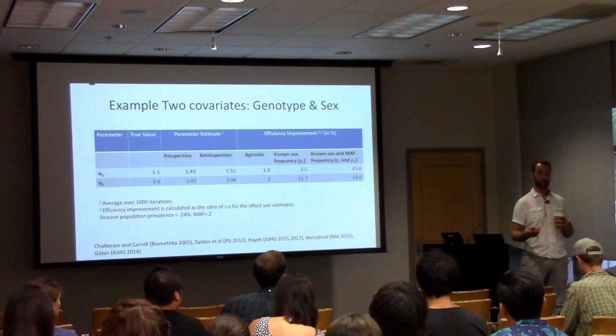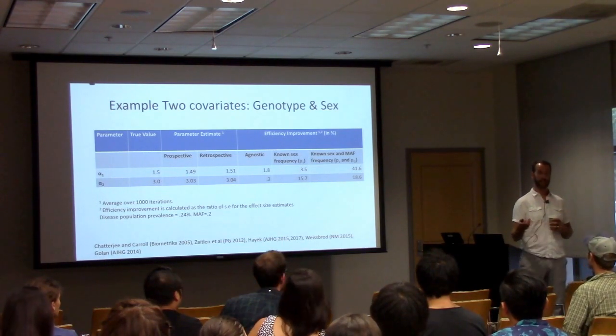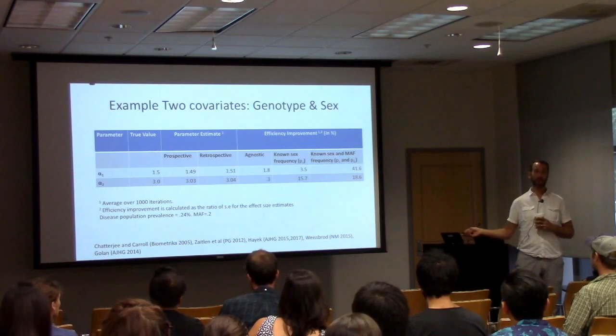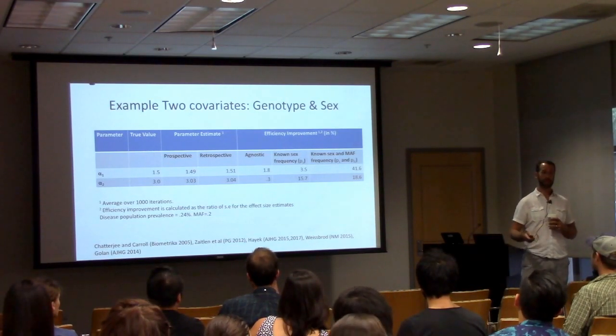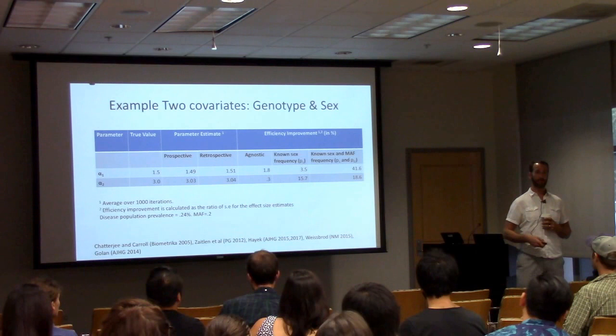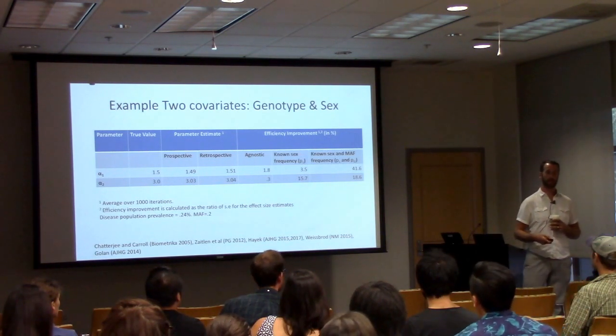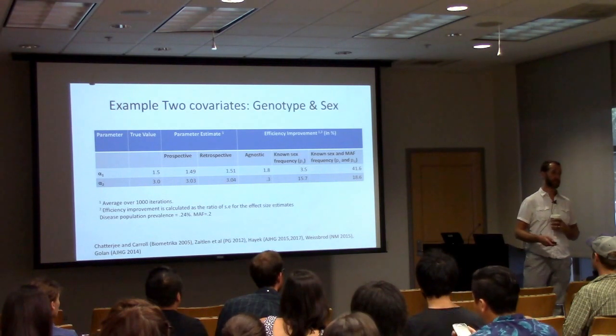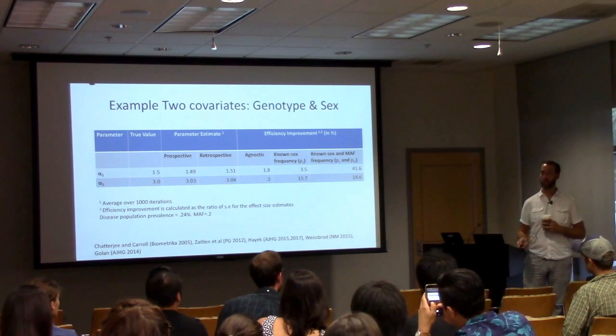And ascertainment can bias heritability estimates and can reduce predictive power. So some of these papers discuss ways to go about using retrospective likelihoods, or at least addressing the ascertainment in case control data where we're trying to employ an LMM.